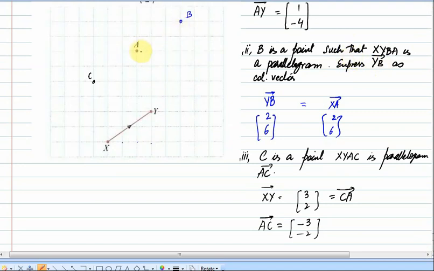Now if you need to find out the vector AB from A to B, we are moving 1, 2, 3, 3 steps to the right and 2 steps up. So that is AB. And if you need to find AC, so 2 steps down, that is -2, and 3 steps to the right.